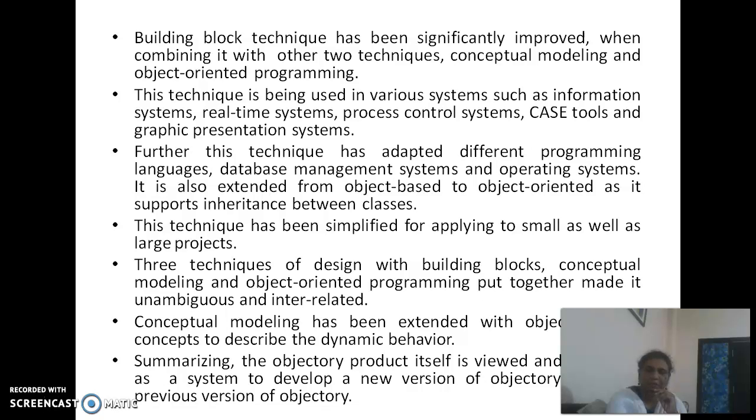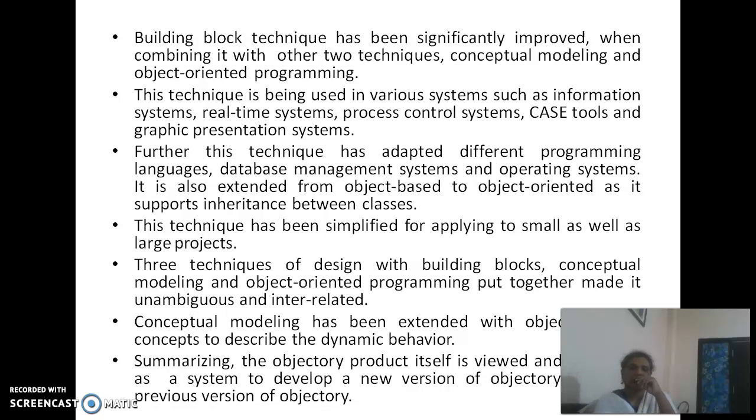And to build this particular process, we need required tools, for which we have some software engineering case tools. Computer-aided software engineering tools, we call them case tools.